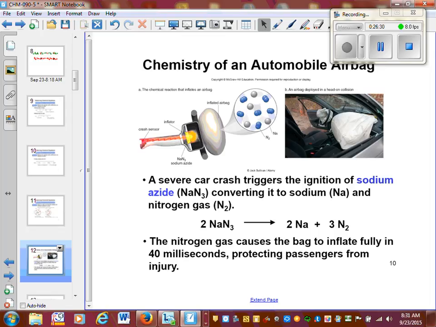This is the reaction. Gives you sodium and nitrogen. The nitrogen is what fills up the airbag. 40 milliseconds, so it's like, boom, bag pops out. And then hopefully it deflates again.